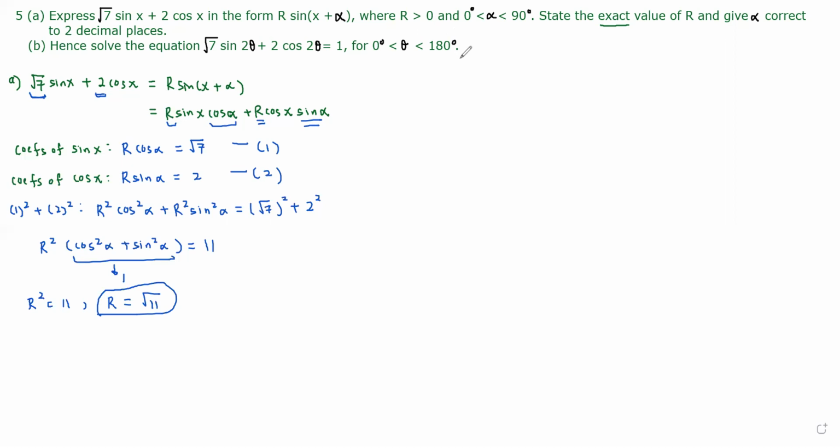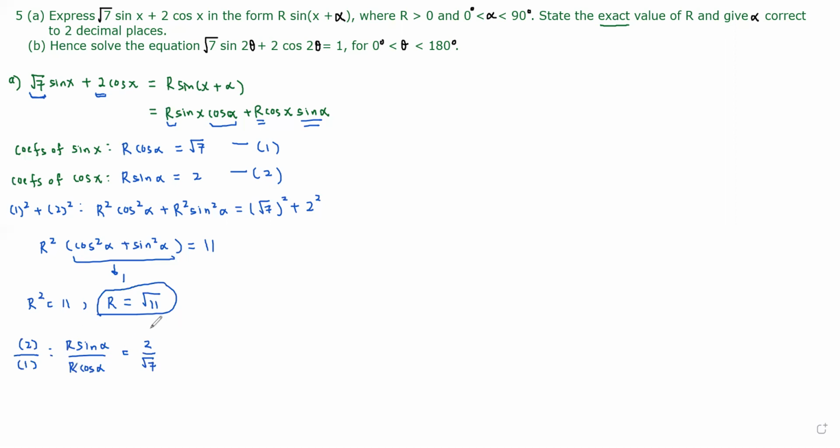To find the value of alpha, we divide equation number 2 by equation number 1. So R sine alpha over R cos alpha, and that is 2 over square root of 7.